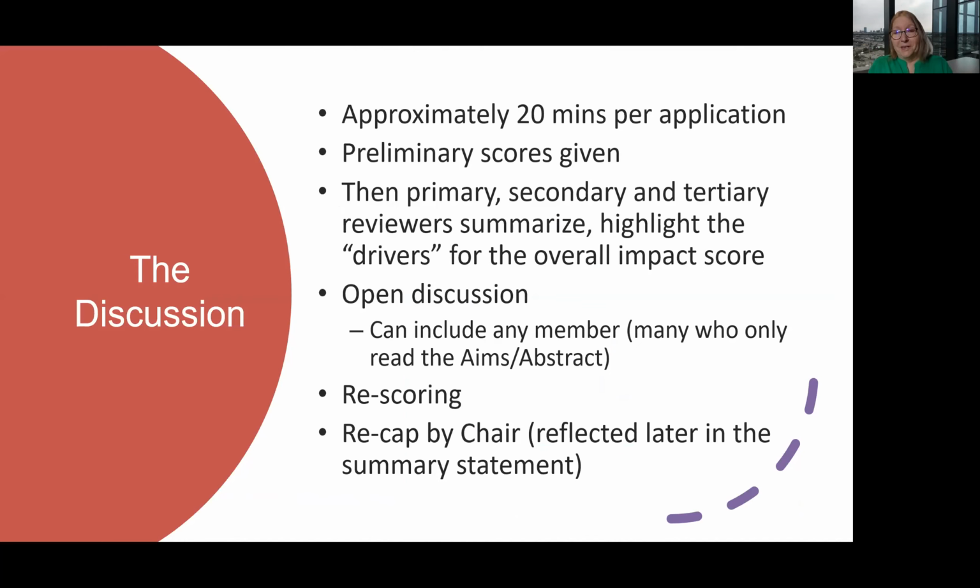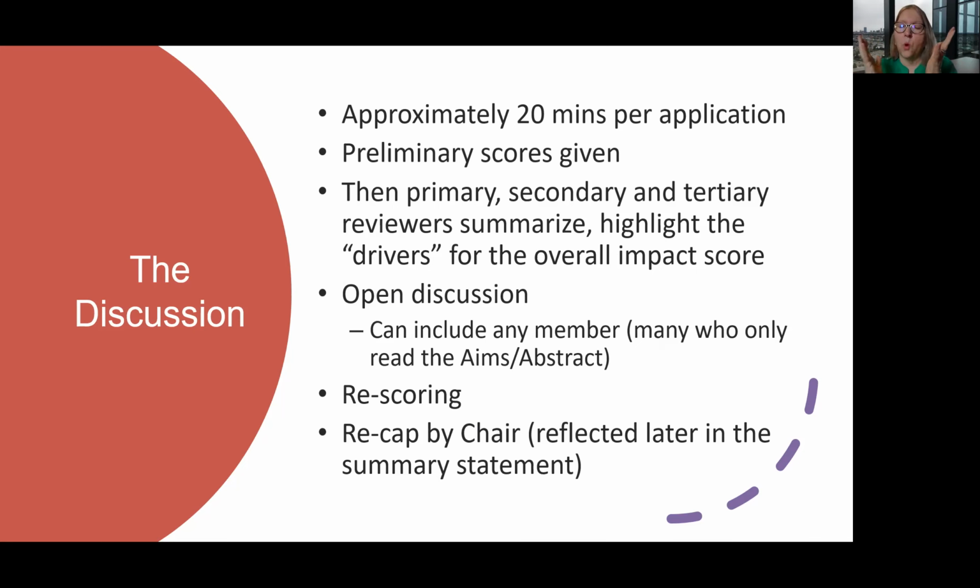Now, at the study section, once you get discussed, there's only about 20 minutes per application of discussion. And what generally happens is each of those 3 primary reviewers give an initial score so people understand their overall level of enthusiasm and how similar or disparate they are. If they're similar, the discussion usually goes pretty quickly.